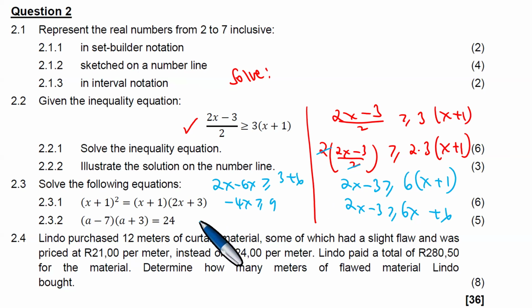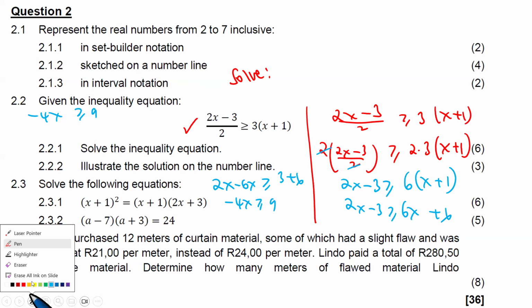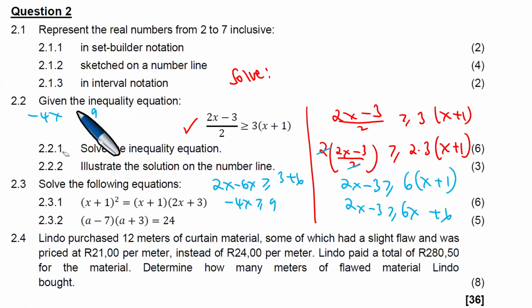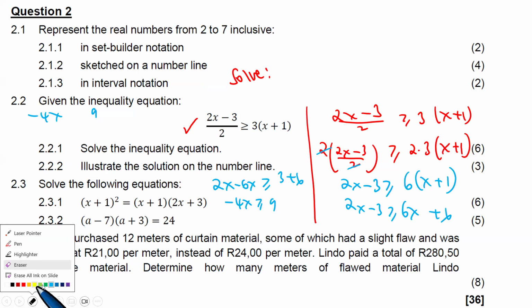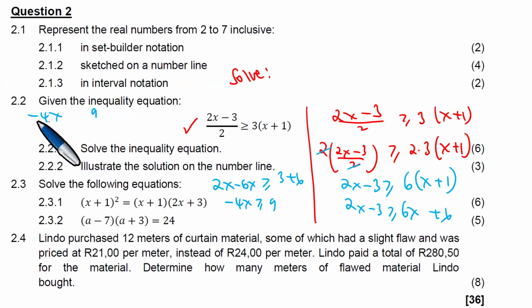You divide both left and right by -4. If you do that, what then do we get? If you have minus 4x is greater or equal to 9, we divide, or we multiply by the reciprocal, which is the correct way.